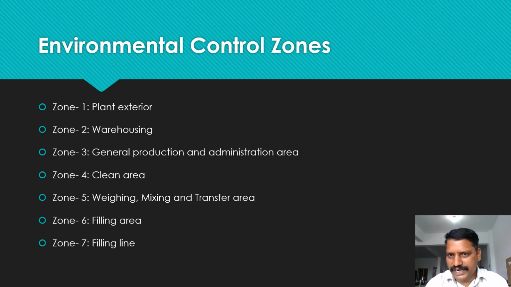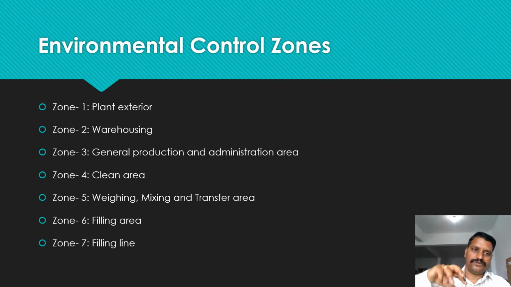Means the temperature condition of that place. Suppose 40 degrees Celsius is the temperature and relative humidity is 75%. That temperature and humidity of that location is about the plant exterior.